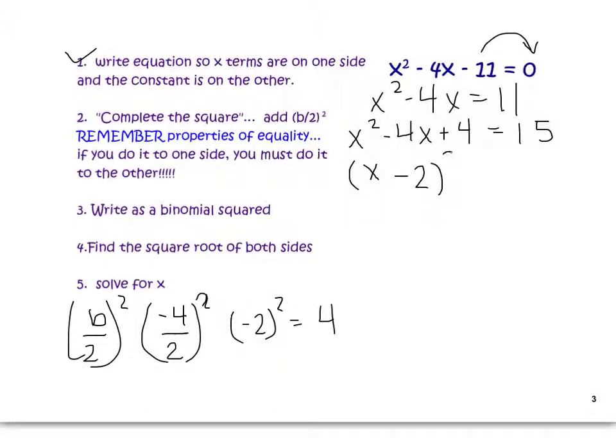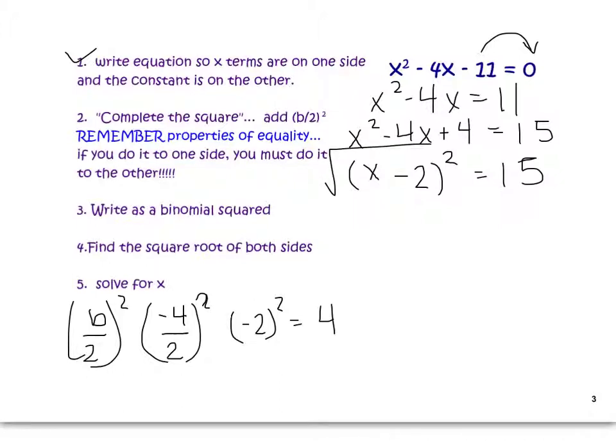X minus 2 squared. Because of this minus right here, you must have a minus in your binomial squared. Negative 2 times negative 2 will give you that positive 4. Negative 2 added together twice gives you that negative 4, setting that equal to 15.